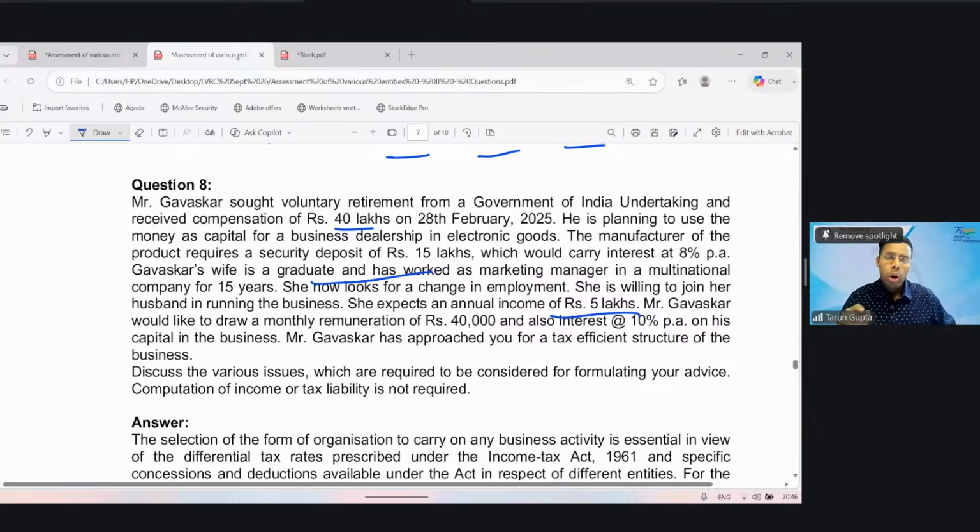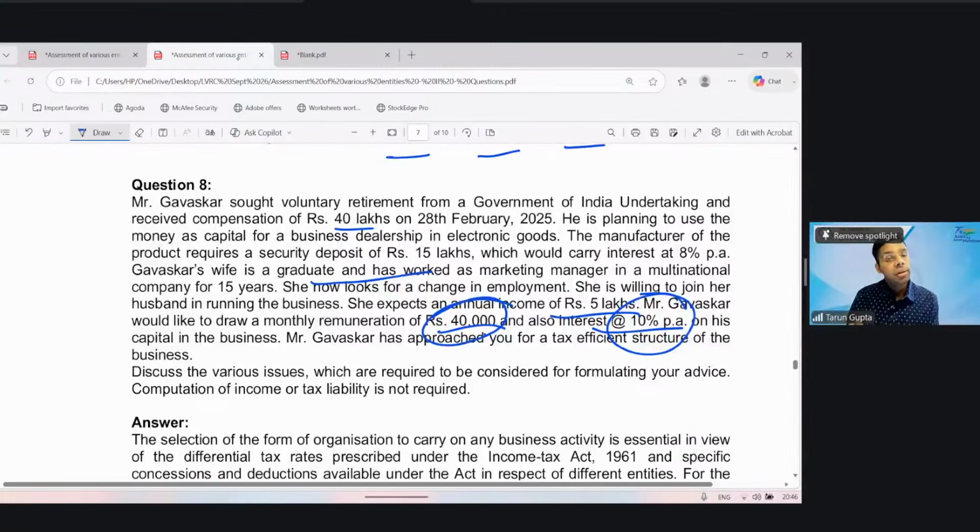This individual will also expect a remuneration of 40,000 per month and interest. You have to decide which form, whether it should open as a partnership or sole proprietorship or a company as the case may be. See, if you open as a sole proprietorship, then the remuneration or the interest payable to him is not allowed. But the tax rates are concessional.